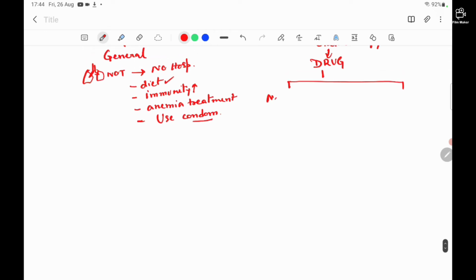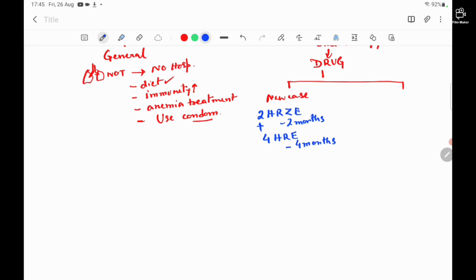If it is a new case, then we go for the formula 2HRZE for 2 months, and 4HRE for 4 months. Not or, actually it's plus. First 2 months of 2HRZE and then next 4 months of HRE.